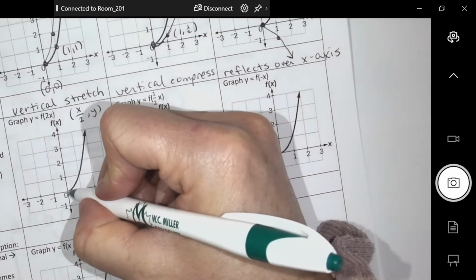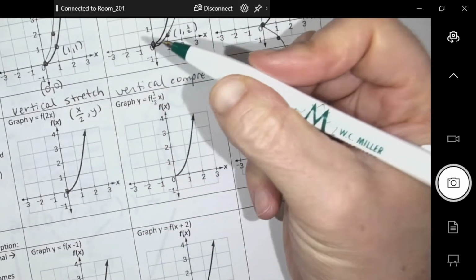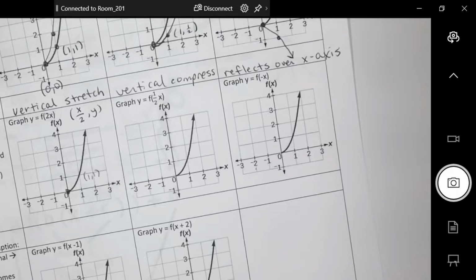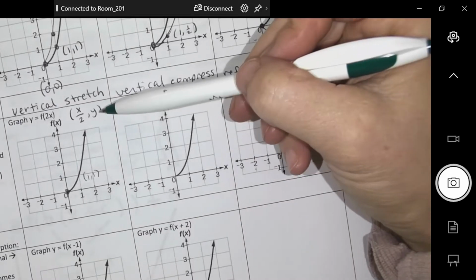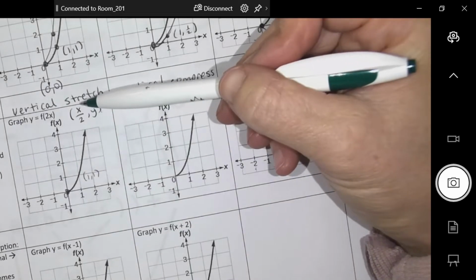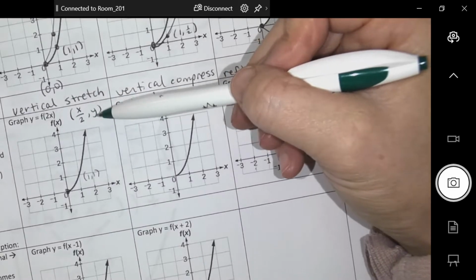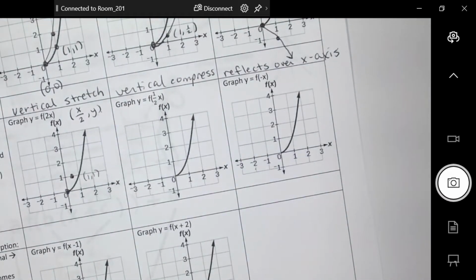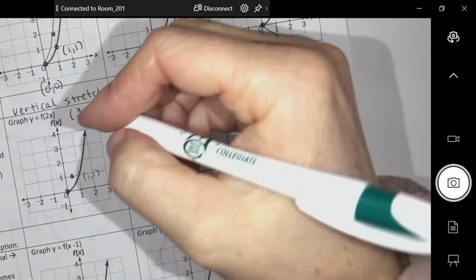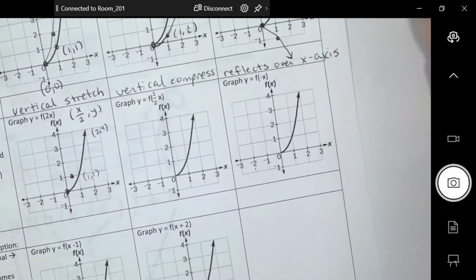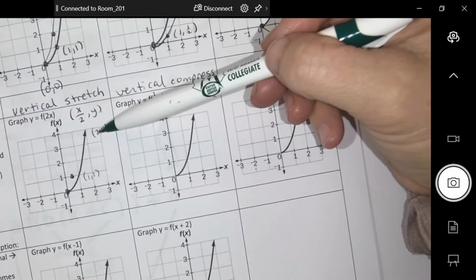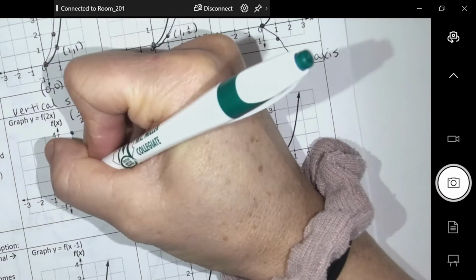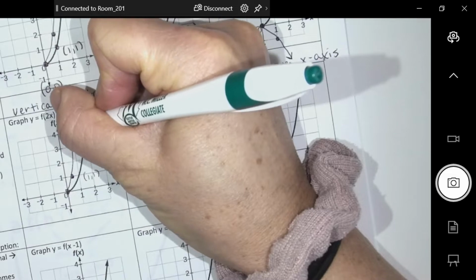Okay, so 0, 0, it stays. What happens when you put 1, 1 into this? It would become 1/2, comma 1. And then the next would be 2, comma 4. So what's 2 divided by 2? Becomes 1, comma 4.